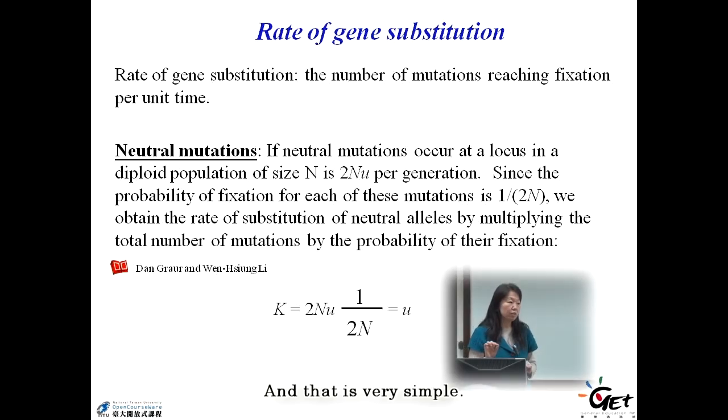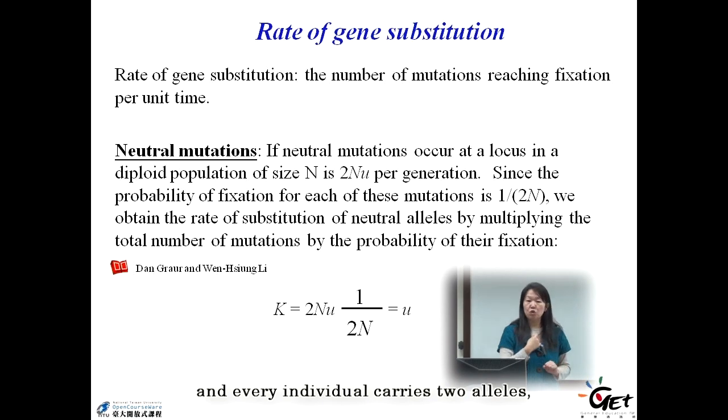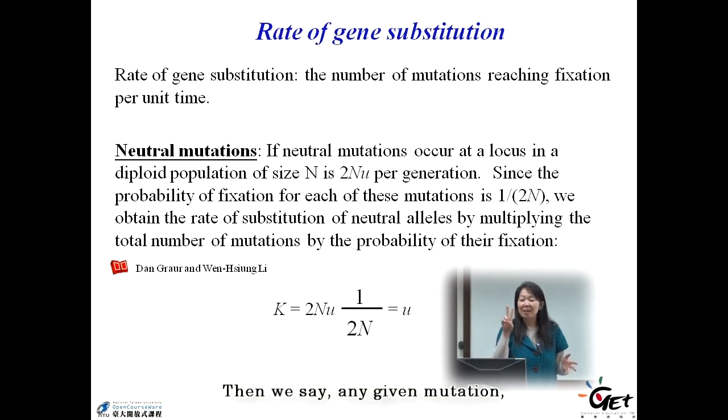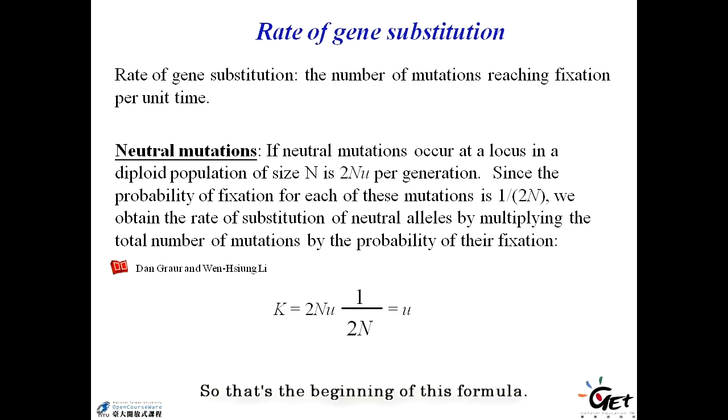That is very simple, because you have N, or Ne, as the population size, and every individual carries 2 alleles. We just assume all diploid, ignoring the X and Y. Then any given allele has the mutation rate, mu. So that's the beginning of this formula.